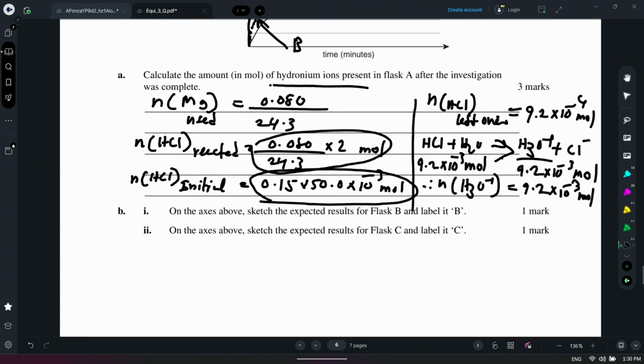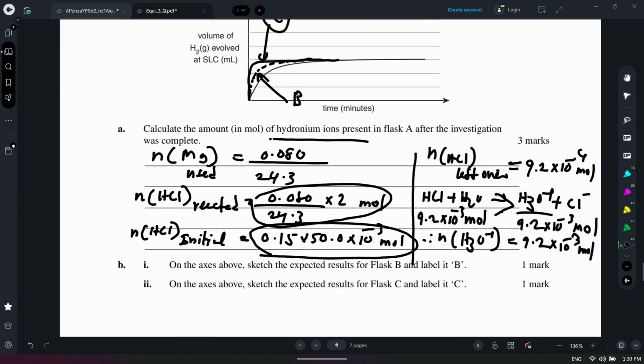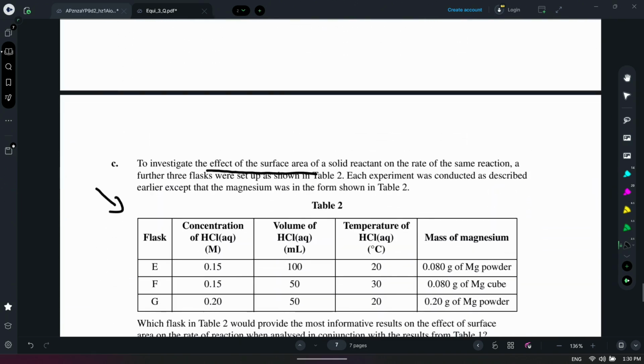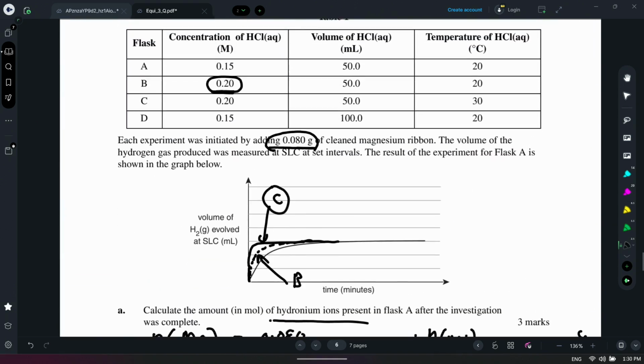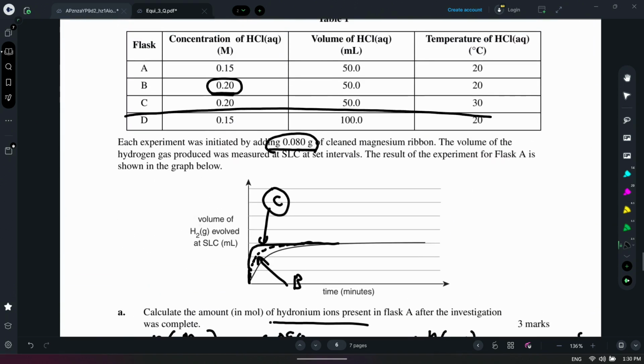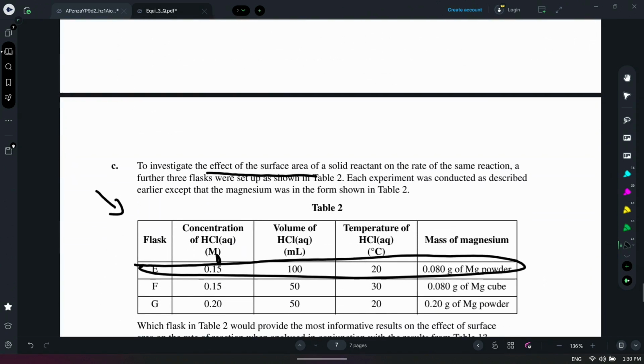So the answer is, if you compare those, look, compare this D and E. E from here, D from here. They all have the same conditions: same concentration, same volume, same temperature.